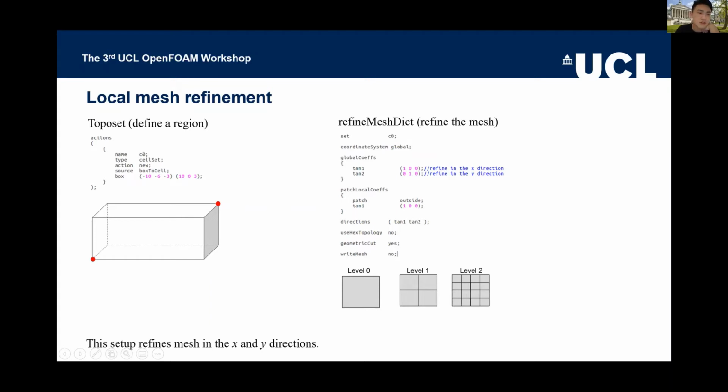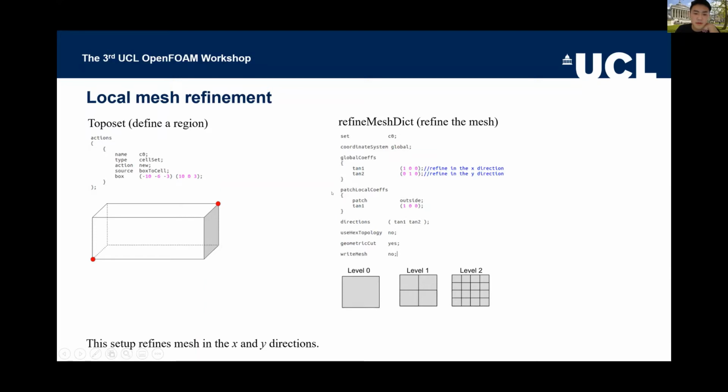Then this box is called set 0, and in refineMeshDict we set it to be c0. So we tell refineMeshDict which set we are going to refine. We refine globally, so the whole box, with global coefficients. Here tan1 and tan2 are the x direction 1, 0, 0 and the y direction 0, 1, 0. This tells the solver to refine the mesh in the x and y directions.